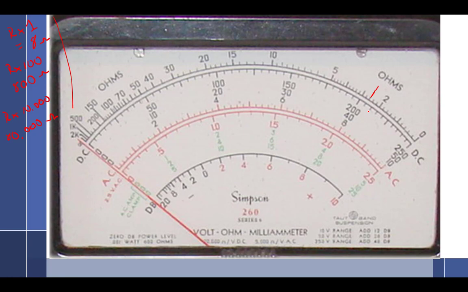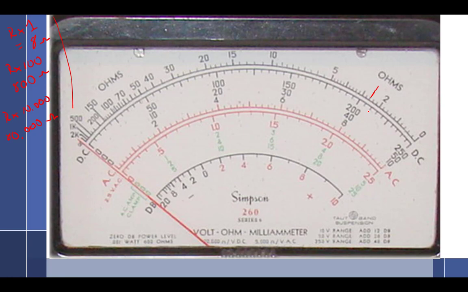All right, so you just have to see where it is until you get it in the middle. And now I can measure it. Say it ends up right there. What do I got? It's on R times 100, so you have to figure out what each line counts for.